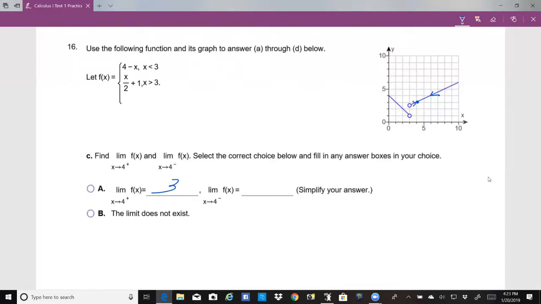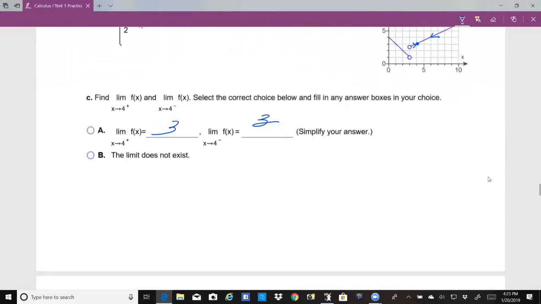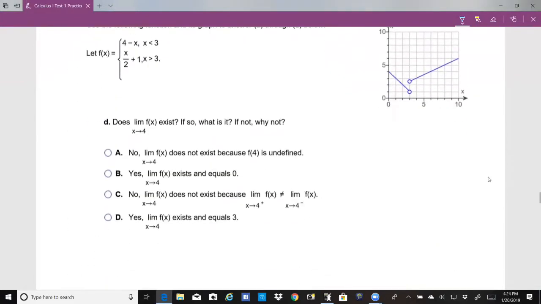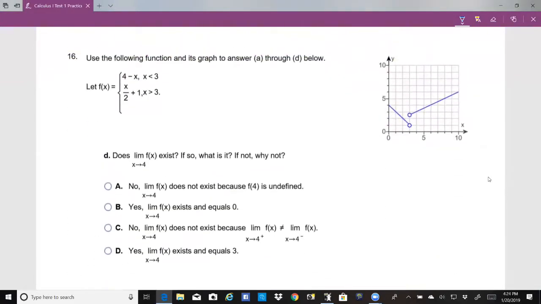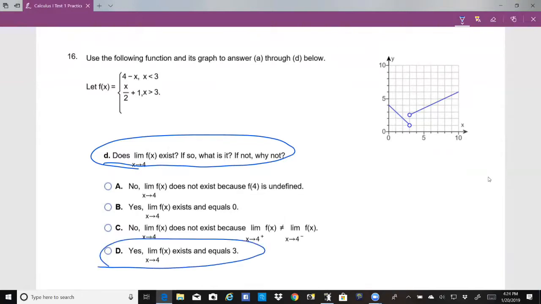And approaching from the left, the limit is 3. And number 16, the last part, is does the limit of f of x as x approaches 4 exist? If so, what is it? If not, why not? The answer is yes, it does exist, and it equals 3.